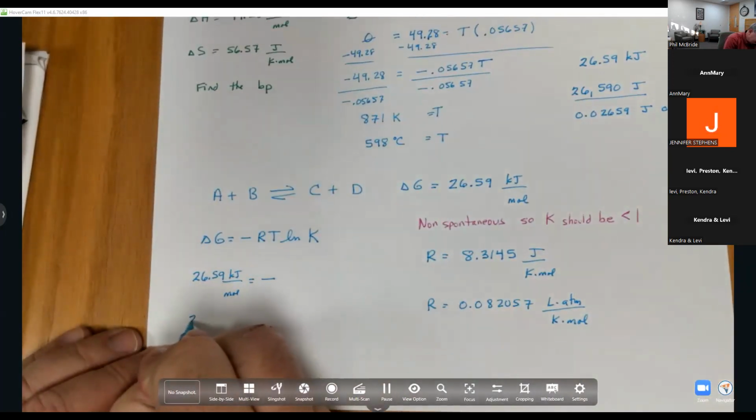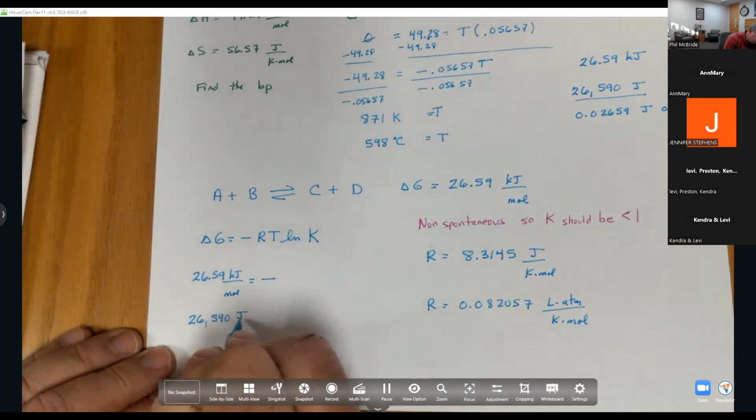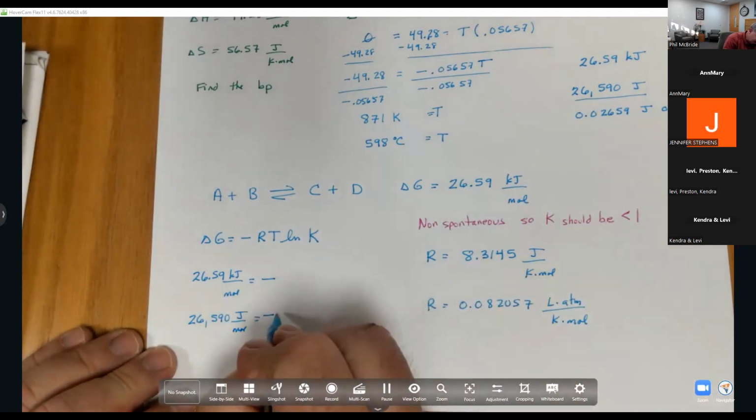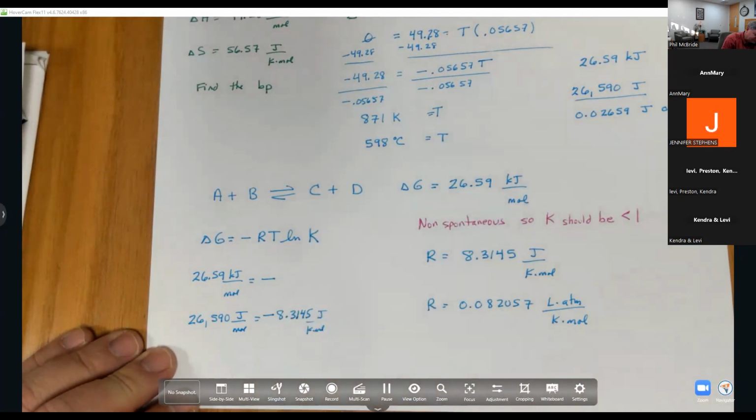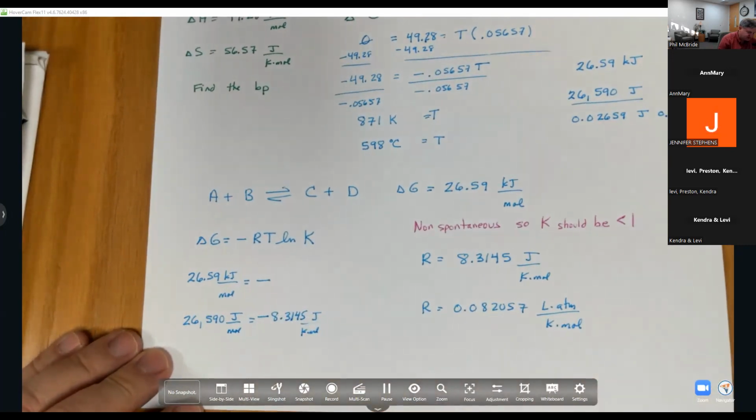So 26,590 joules per mole equals negative 8.3145 joules per Kelvin mole times the temperature.